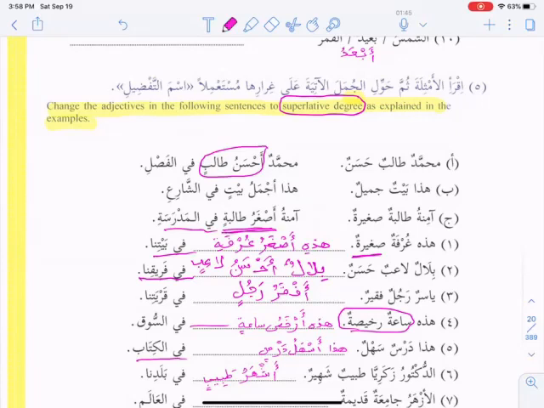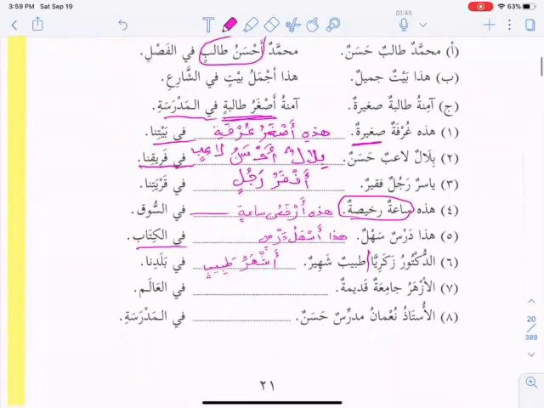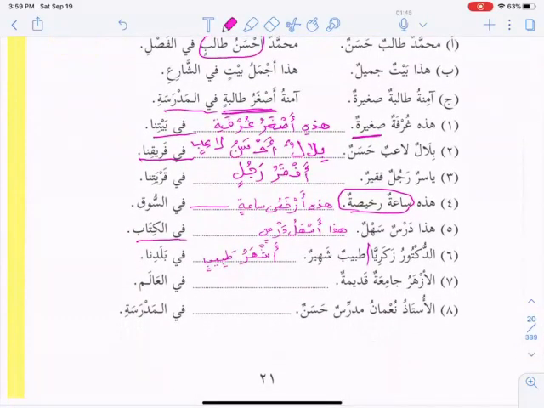Now you see, شهير will become أشهر. دكتور زكريا أشهر طبيب في بلدنا. Most famous doctor in our country.